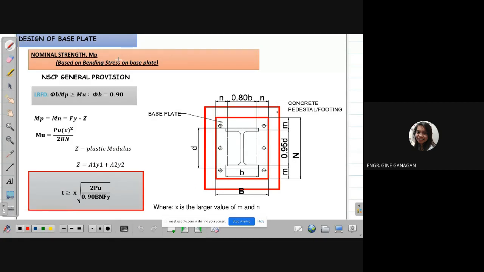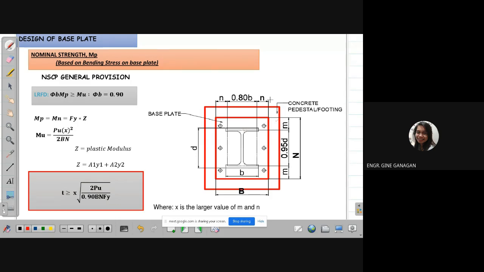Okay, so we move on to the next, yung limit natin that is based on our bending strength. So yung una, that is based on the bearing pressure on support. This time, this is based on the bending stress on the base plate. So we have here a drawing or diagram of our base plate with the pedestal tapos with the column.